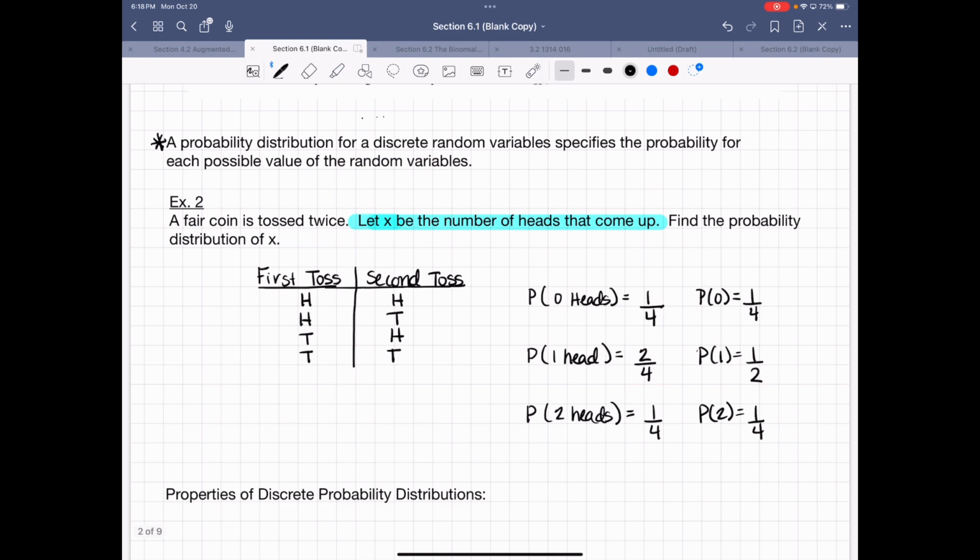If I add up the probability of 0 heads, 1 head, or 2 heads, what's 1/4 plus 2/4 plus 1/4? 1. And that's really important.